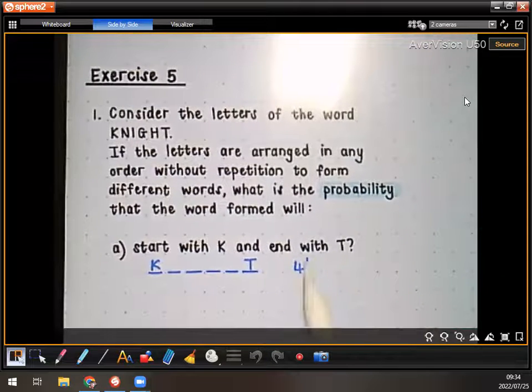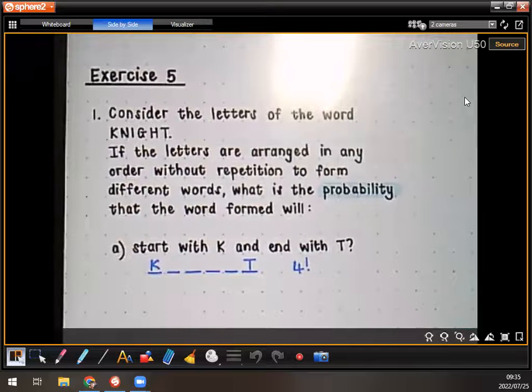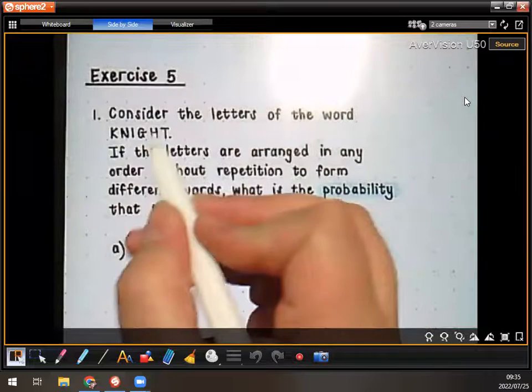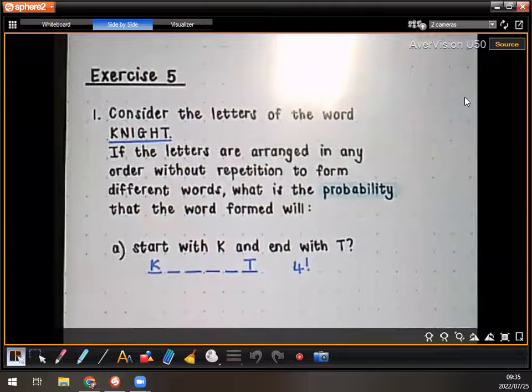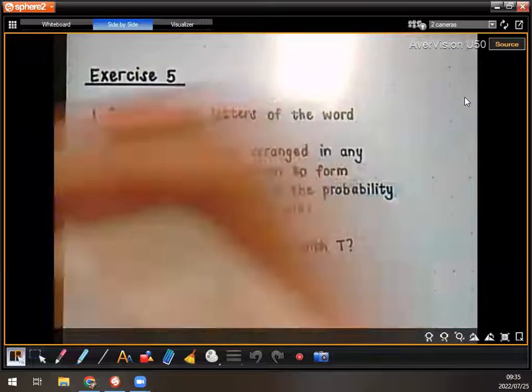We're going to put this 4 factorial at the top, but now I need to put that over the total number of words that you can form, excluding this condition, right? Not words starting with a K and ending with a T, just words in total. So how many words can I form in total using these 6 letters? 6 factorial.